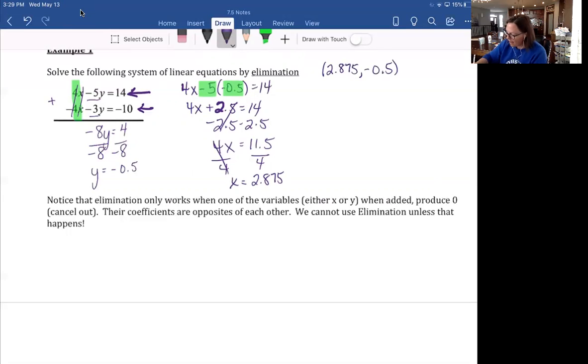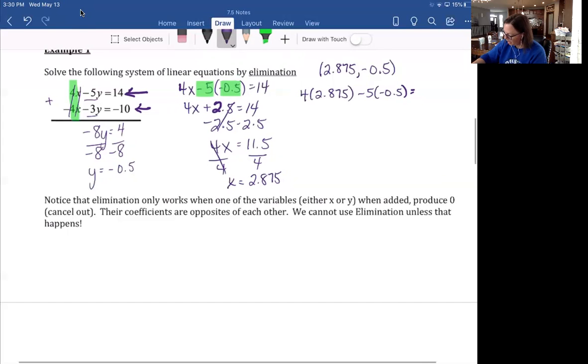I'm going to verify that. So 4 times 2.875 minus 5 times negative 0.5 gives me 14. So that works.